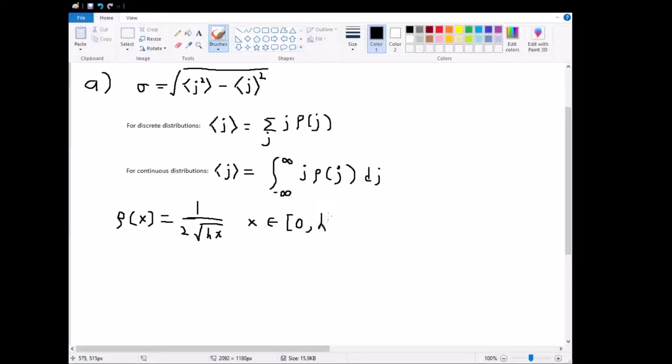After all, our rock cannot fall a length greater than the length of the cliff, and it cannot fall upwards either.